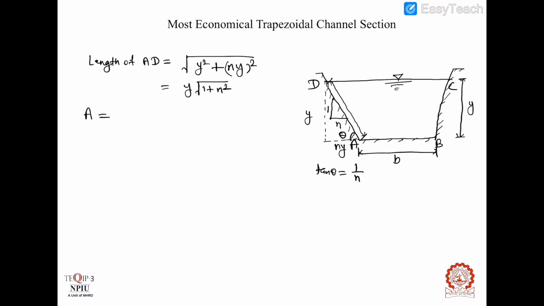So AB is B, and DC is AB plus ny, and ny on this side also. Clear? AB plus 2ny means B plus 2ny, divided by 2 multiplied by y. This will be the area of flow.